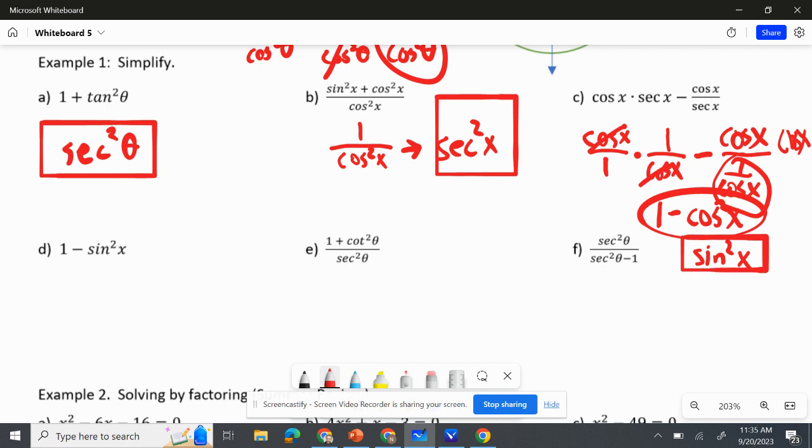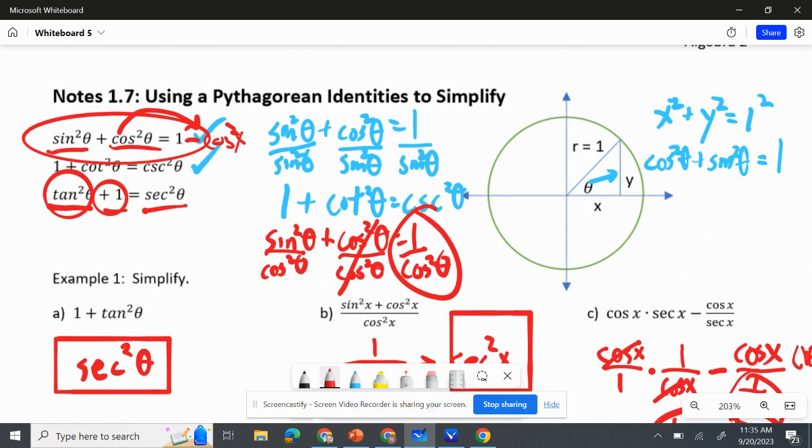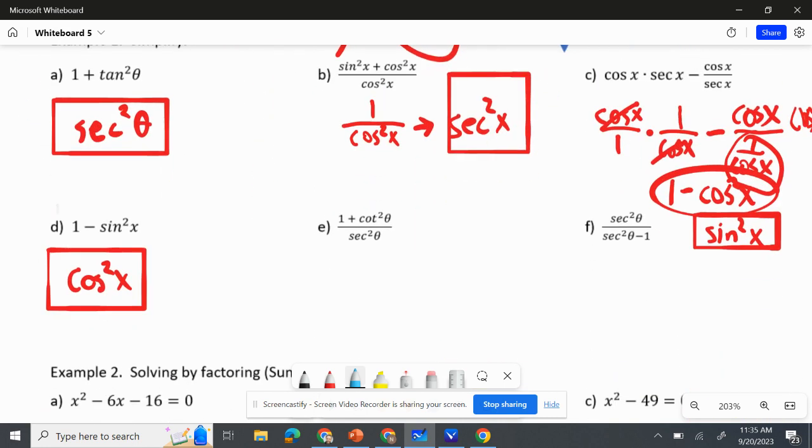Now for the next one, 1 minus sine squared x, this is just like what we were talking about on this other one. It's going to be cosine squared x. Once again, the reason why is if we look at our original, sine squared plus cosine squared equals 1, and we subtract the sine squared this time instead of the cosine squared, we get 1 minus sine squared is equal to cosine squared.